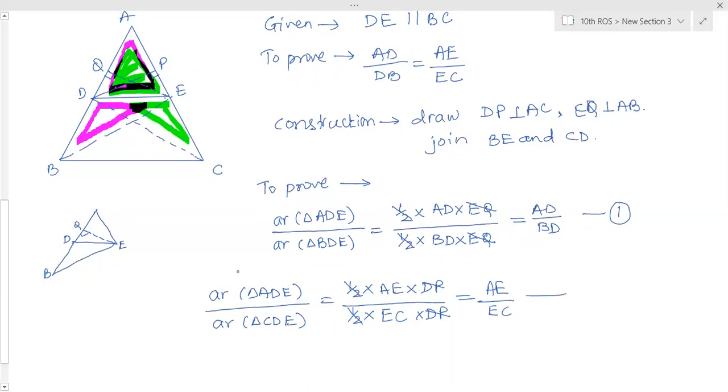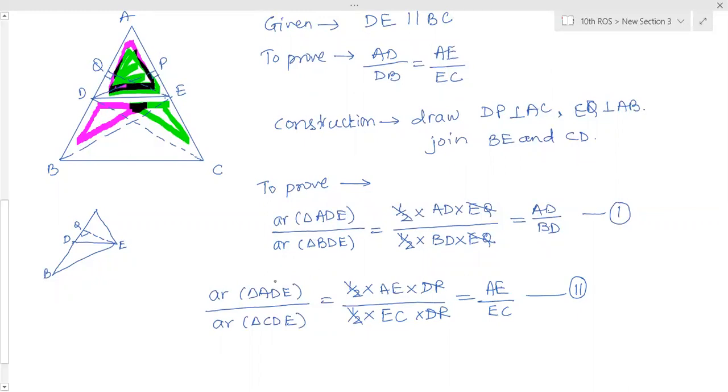This is the second. Now in proving, we got AD by DB and AE by EC. But now we have to show them equal. To show this equal, we have to show these two equal.